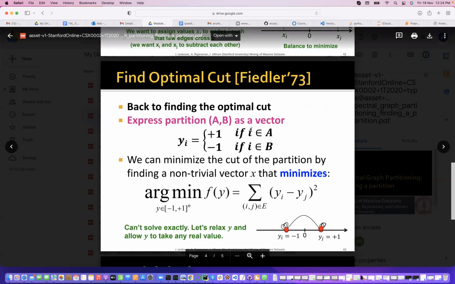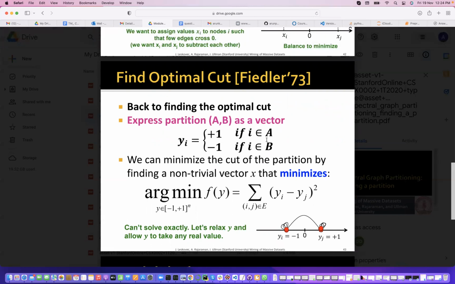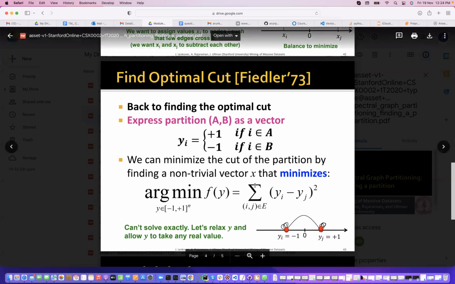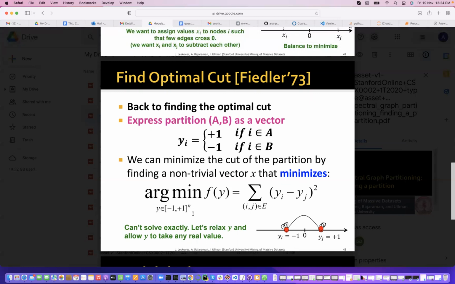Express partition AB as a vector: yi equal to +1 if i belongs to A, -1 if i belongs to B. That is, yi equal to 1 means they belong to A, and yi equal to -1 means they belong to B. We can minimize the cut of the partition by finding a non-trivial vector x that minimizes over y belonging to {-1, +1}^n. This means you get n values, and each value may be -1 or +1.